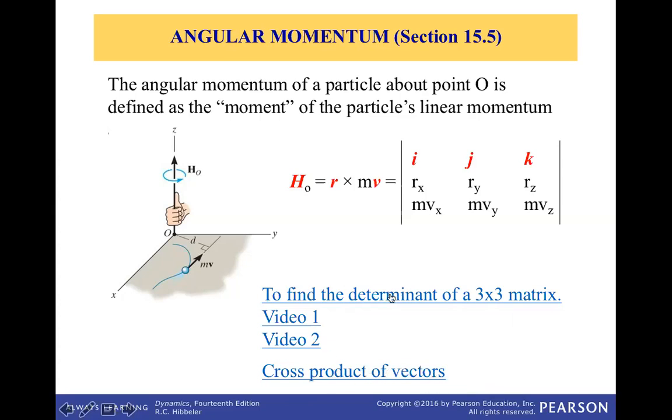And in general, to find determinants of the 3x3 matrix. So this operation r cross mv, you'll actually be doing the determinant of this 3x3 matrix. You can click on this one here. It will direct you to a YouTube video.